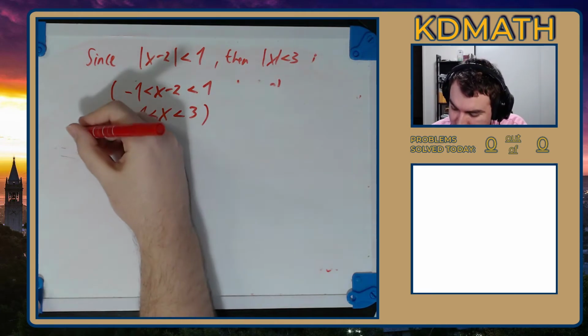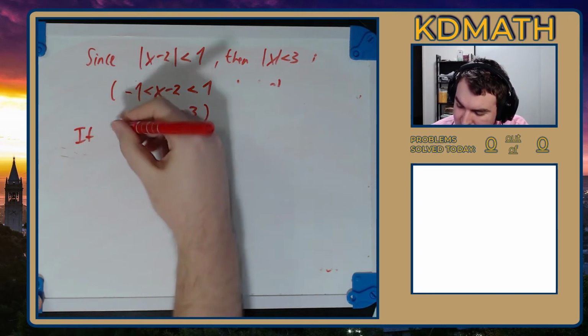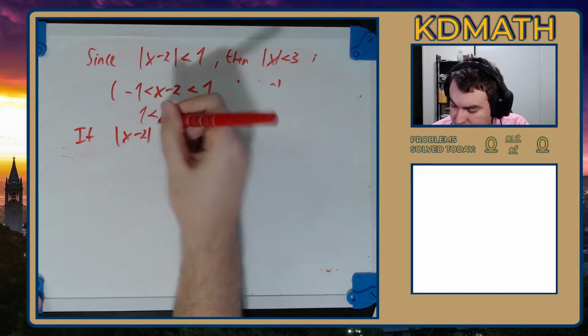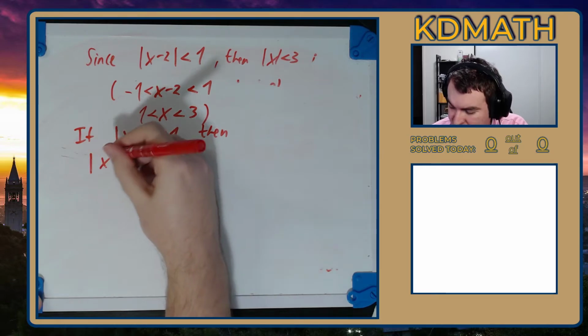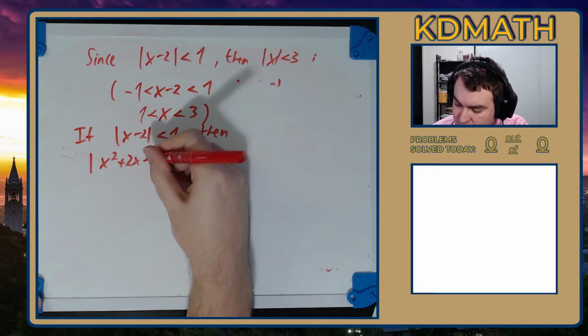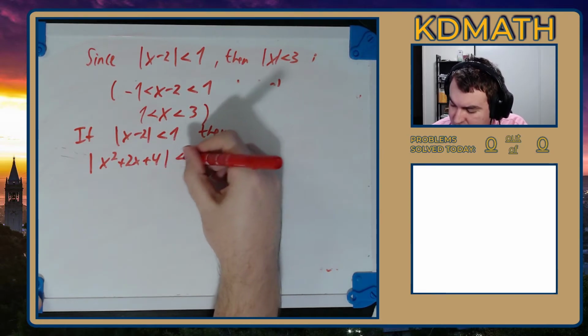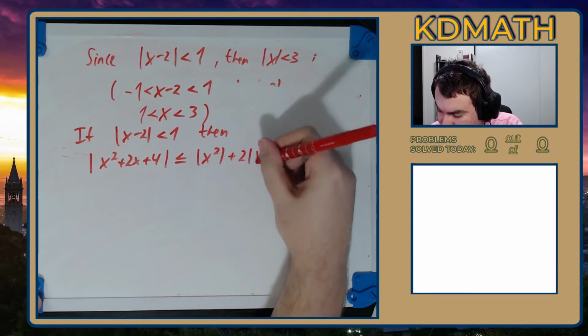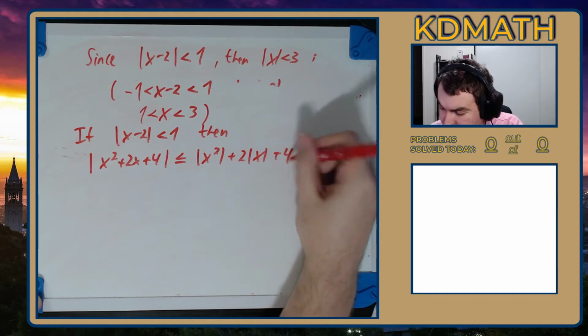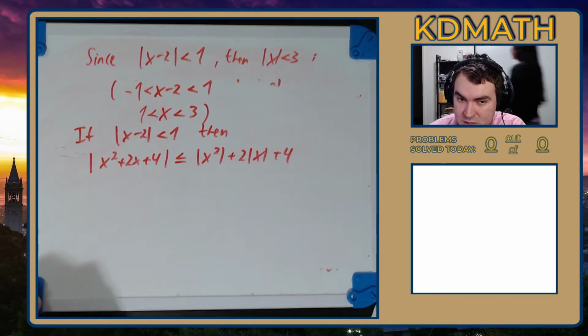Okay, so now let's go back to this. If absolute value of x minus 2 is less than 1, then the absolute value of x squared plus 2x plus 4 is less than or equal to the absolute value of x squared plus 2 times the absolute value of x plus 4. Well, what does that equal to?